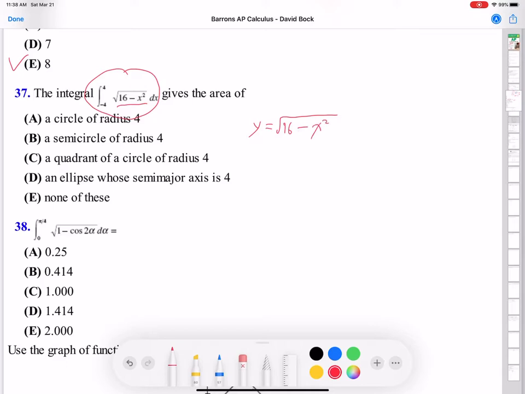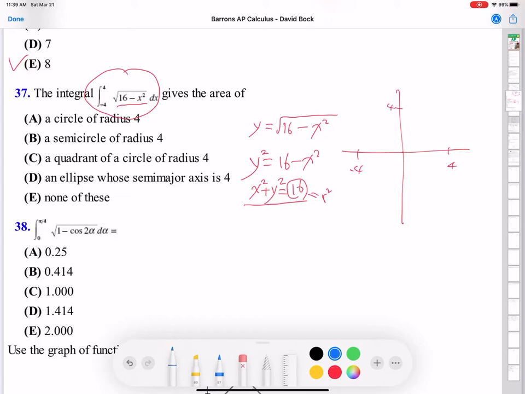So if you square both sides, y squared is equal to 16 minus x squared, add x squared to both sides, and you're going to find that x squared plus y squared is 16. This is a circle's equation whose center is 0, 0, and the radius is 4 because r squared is 16, r is 4.